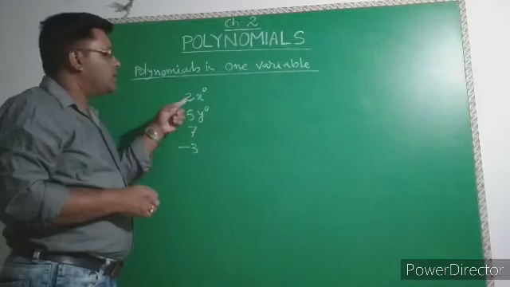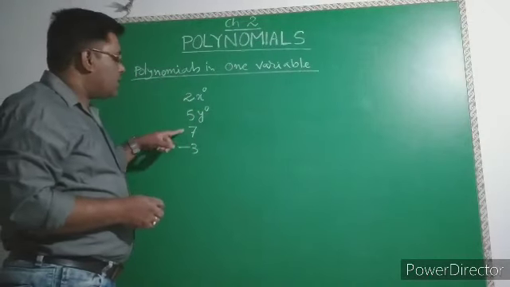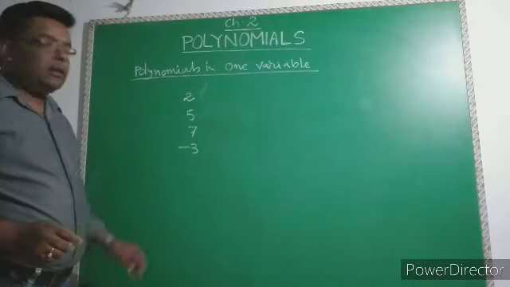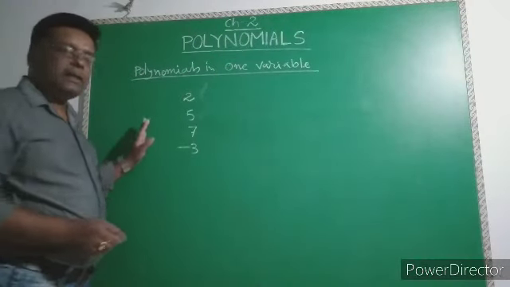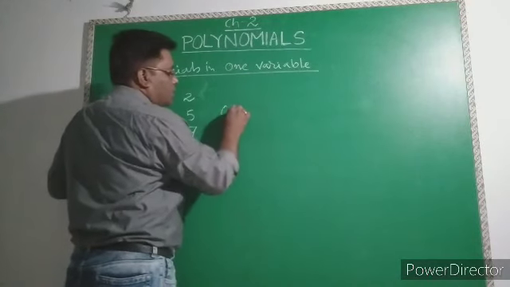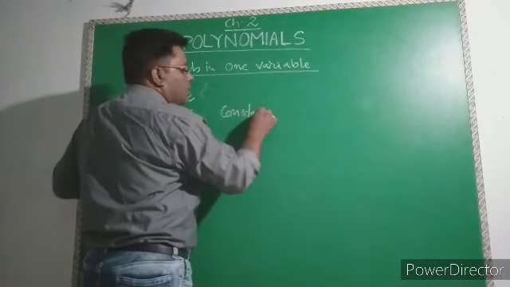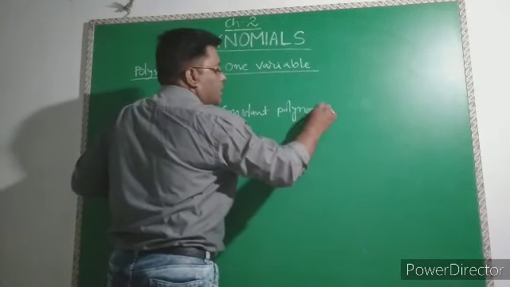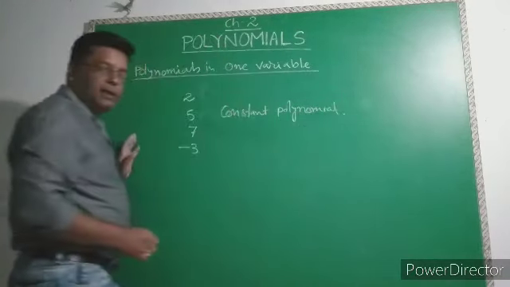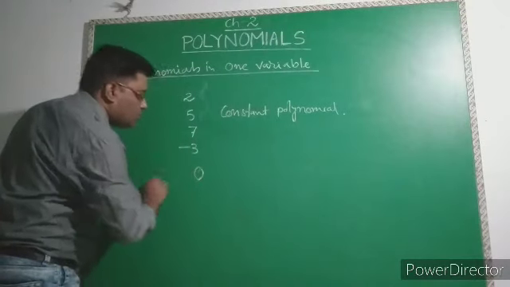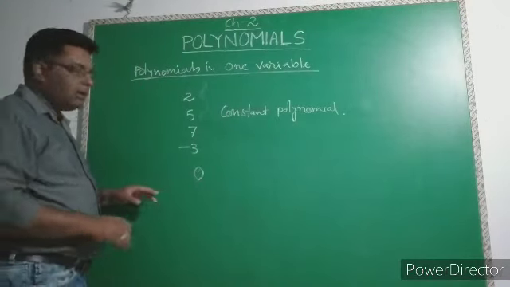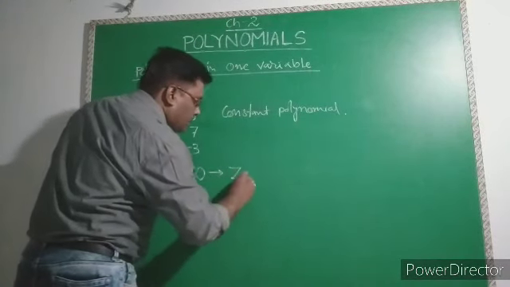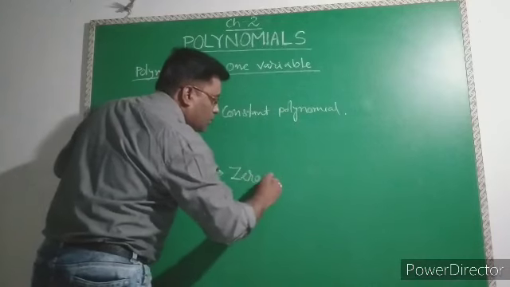It is a polynomial of y, a polynomial of x, like this. So if we write only a constant 2, 3, 5, 7, minus 2, minus 3, etc., it is called a constant polynomial. Similarly, if we write only 0, then 0 is also called the zero polynomial.